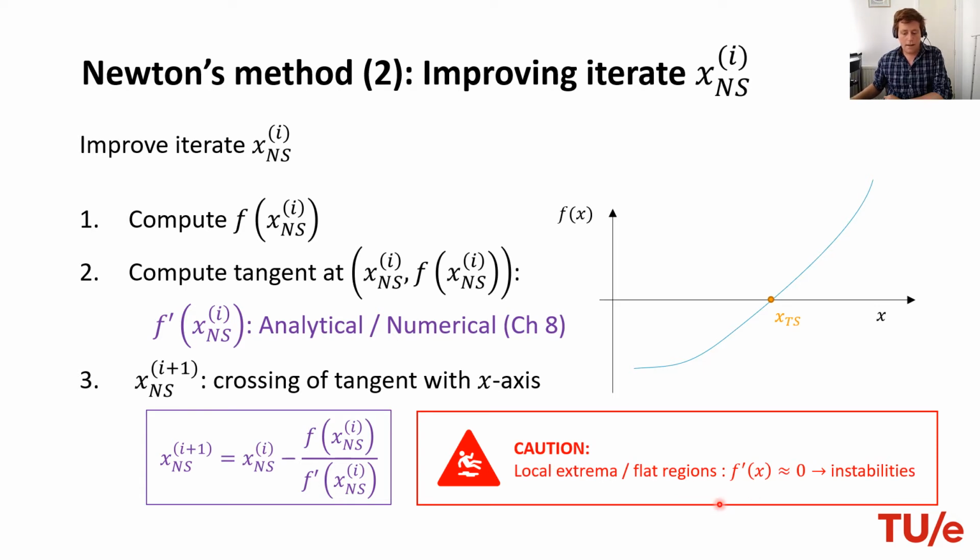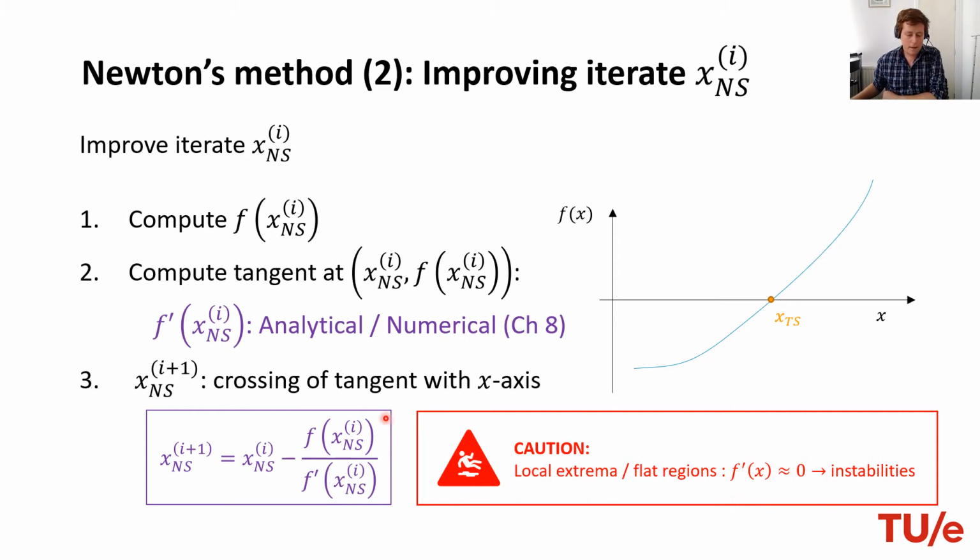Now, I already hinted that we should avoid certain regions of the function, and this will become clear right now. So local extrema and flat regions of the function, that's where the derivative of the function will be either exactly 0 or close to 0 when the function is quite flat or shallow.